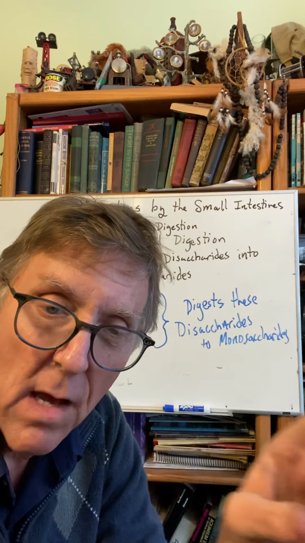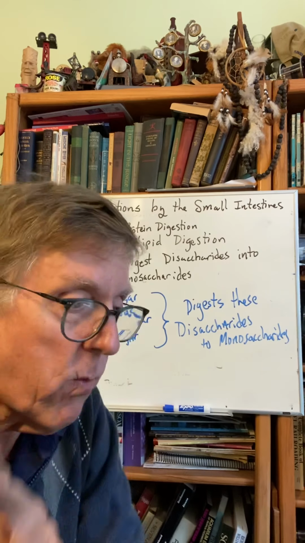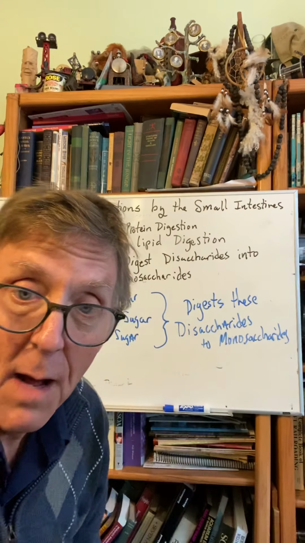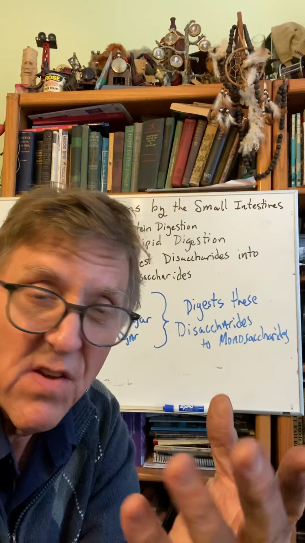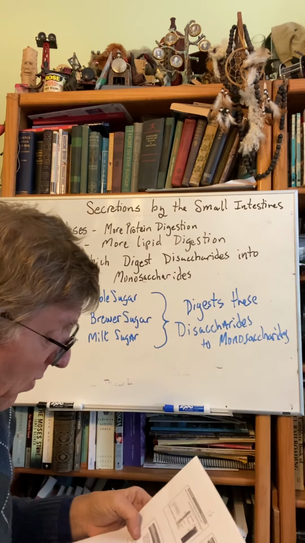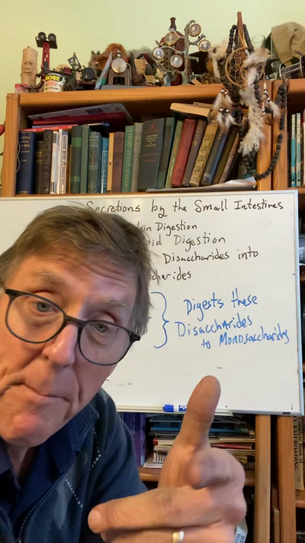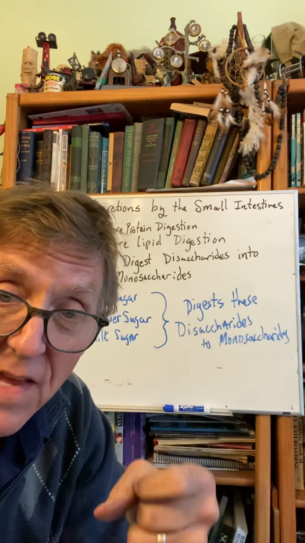Now, we've done all of this digestion, and what happens is that the small intestine also has some movements that it does. So it has some mixing movements. I'm going to look at my notes real quickly. Of course, peristalsis, it's pushing stuff along, it's mixing it.